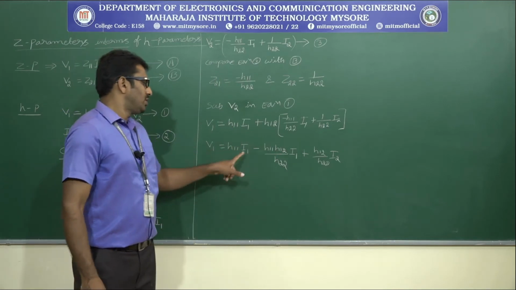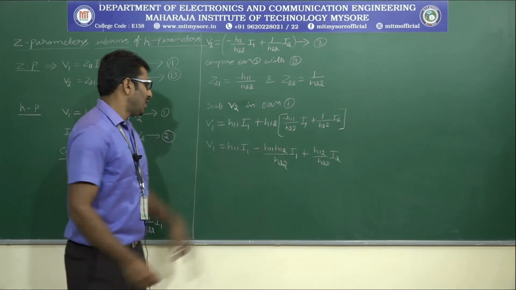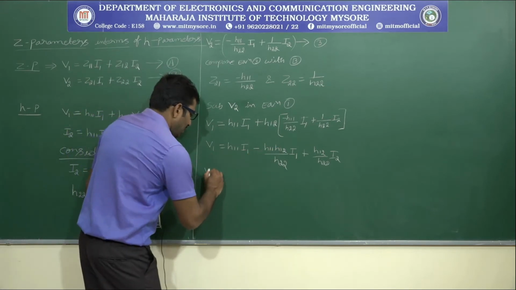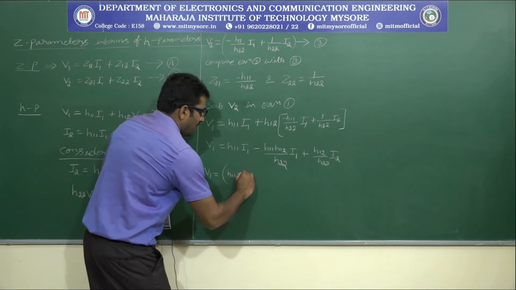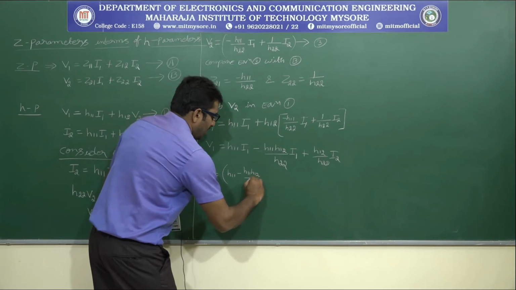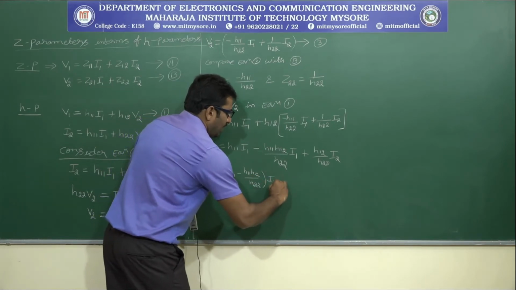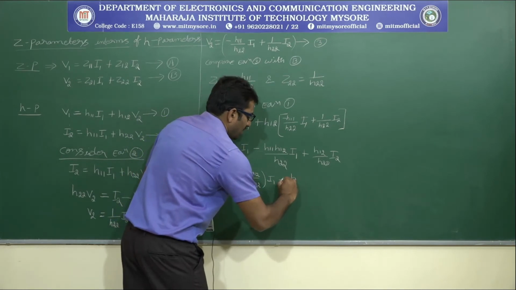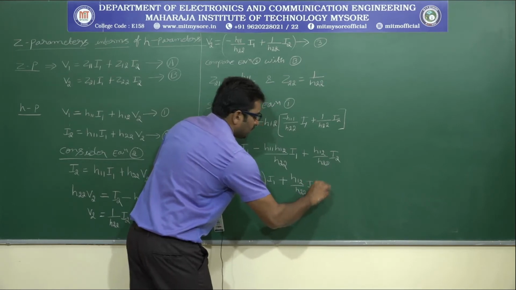See, in these two terms, which one is the common coefficient? I1, right? Just take a common factor. V1 is equal to H11 minus H12 H21 divided by H22 into I1 plus H12 divided by H22 into I2.